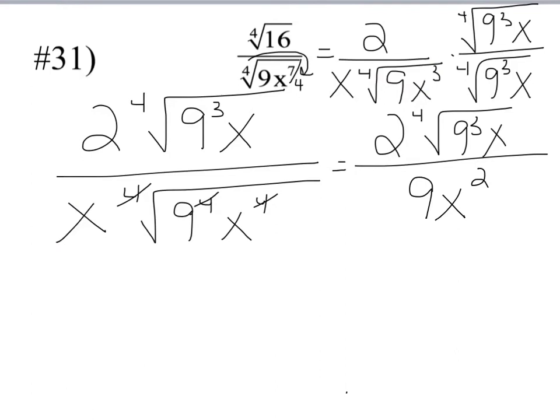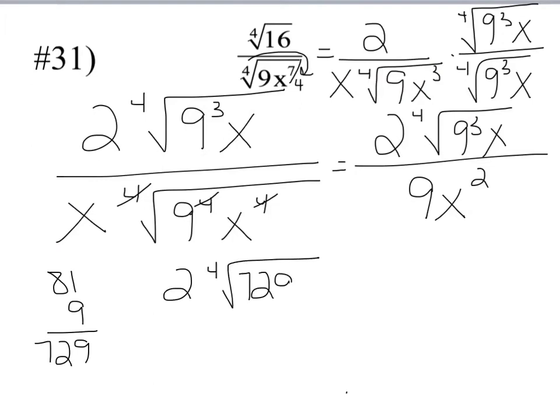Now, we need to clean this up. We're not going to leave it 9 cubed. So 9 cubed is, 9 times 9 is 81, and 81 times 9 is 729. So I've got 2 times the fourth root of 729x over 9x squared.